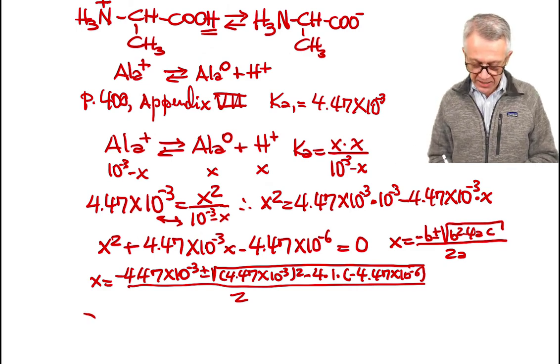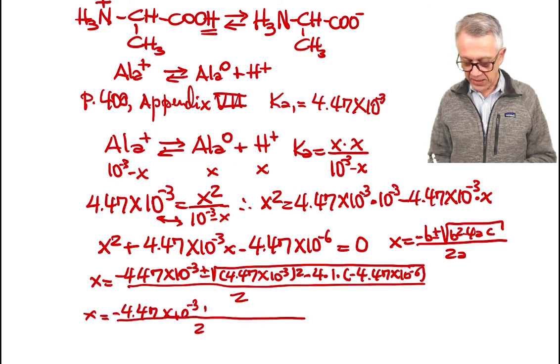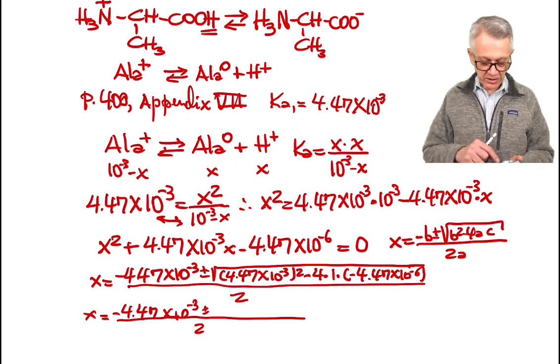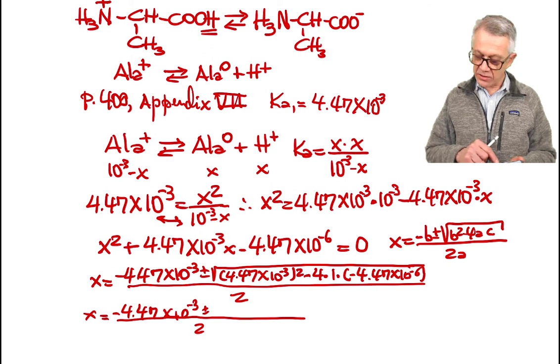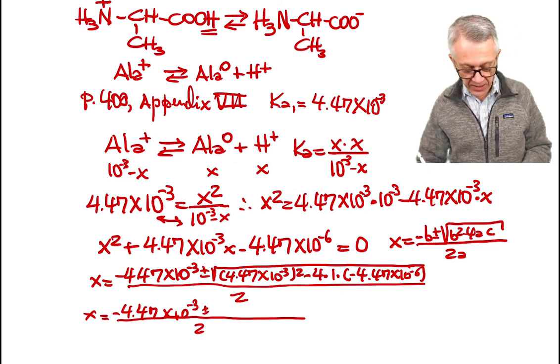So we have x equals minus 4.47 times 10 to the negative 3 plus or minus, let's see what we get. The negative in the negative becomes positive, 4.47 times 10 to minus 6, and 4.47 times 10 to minus 3 squared, and sum it up.